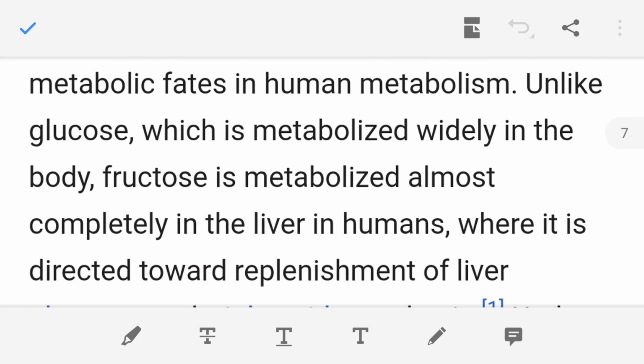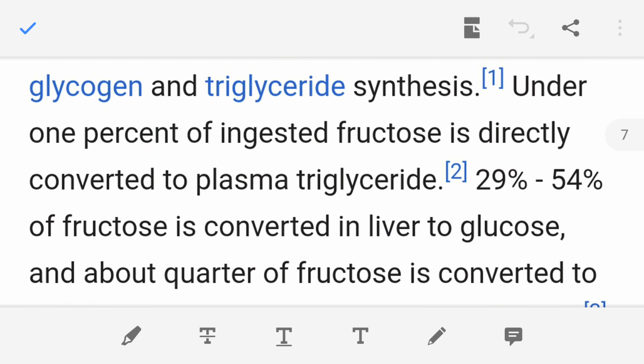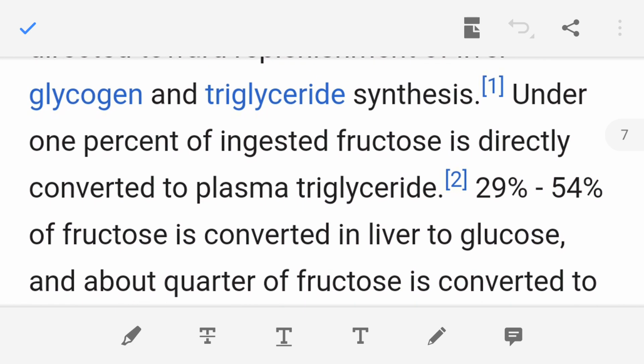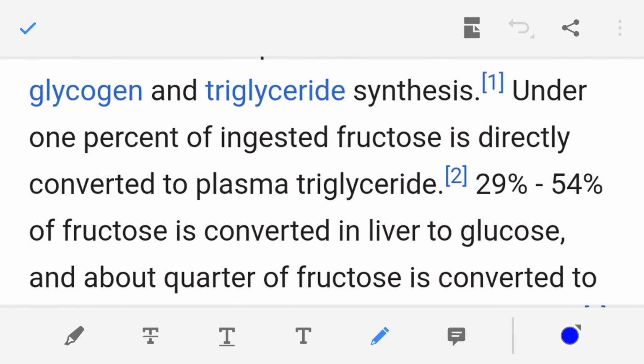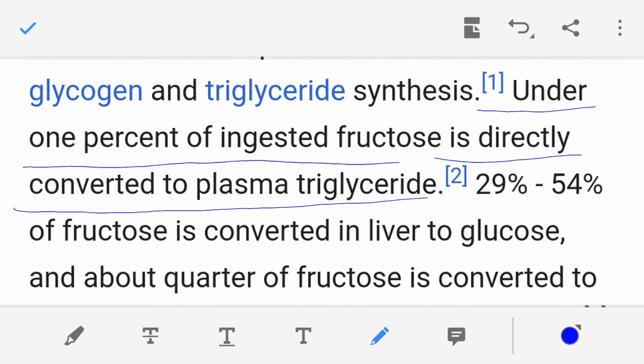Now you see what happens to fructose. Under 1% of ingested fructose is directly converted to plasma triglyceride.